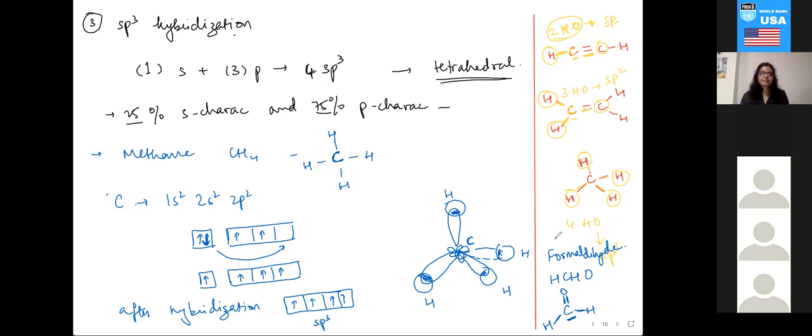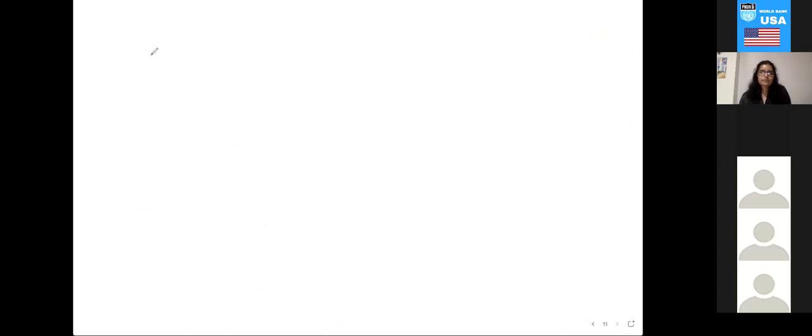How many such hybridization types are there? So in the list of hybridization, you have sp, sp2, sp3. These are purely between s and p. With d orbitals, you have sp3d, you have dsp2, you have sp3d2. What else? d2sp3 also, I think.